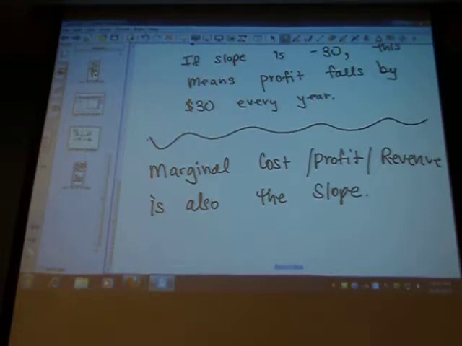Okay, so marginal cost, profit, revenue, whatever, is also the slope.